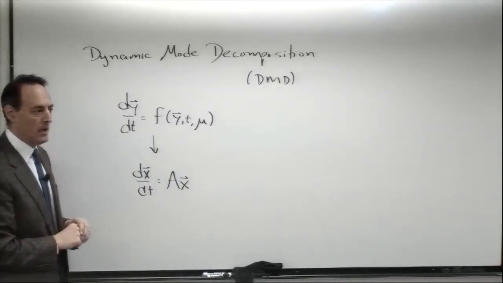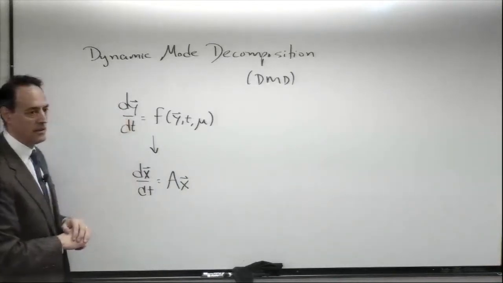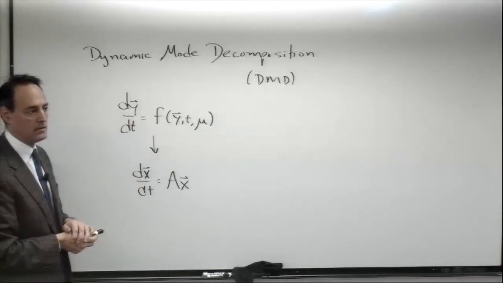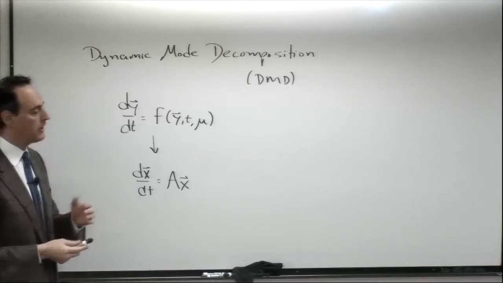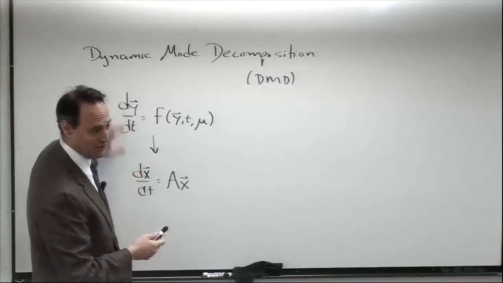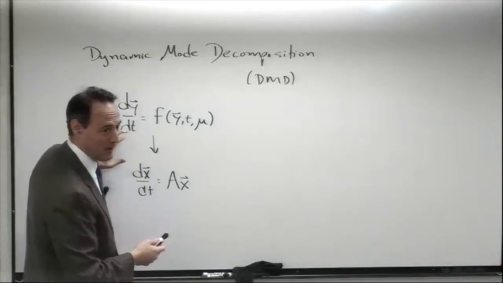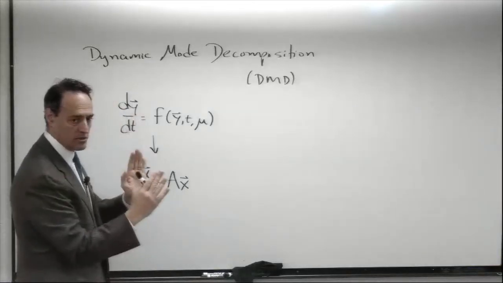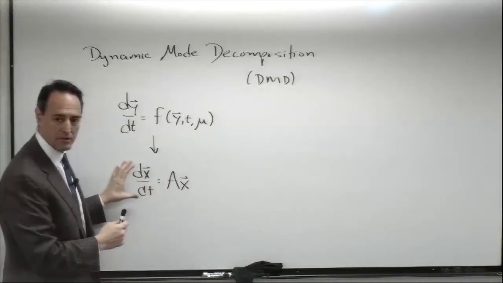Okay? And the hope is that X at least somewhat replicates what's going on with Y. Okay? Clearly, this is linear and that's nonlinear, so obviously we're missing some things. However, if you sample over a time frame, some snapshots of time, the hope is to build the best model.